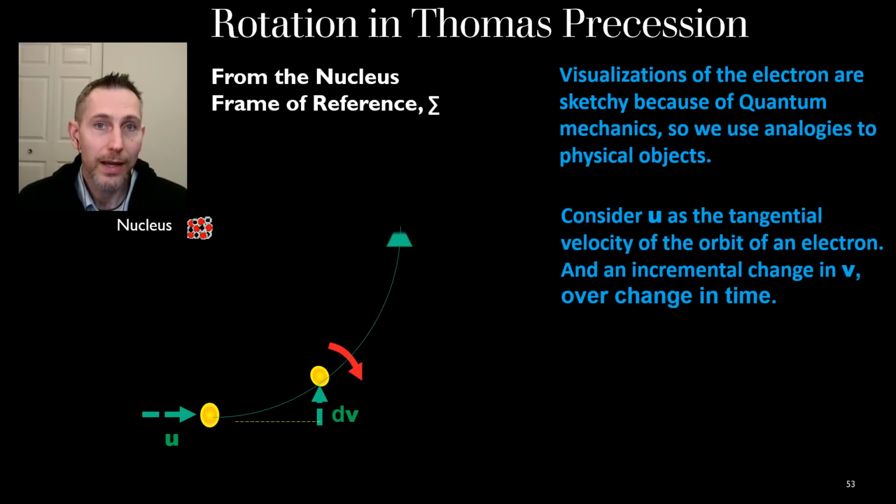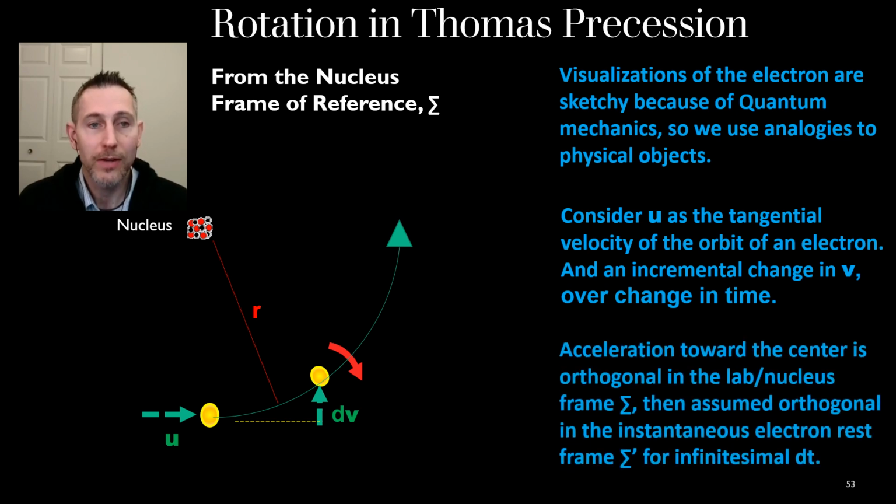Consider U as the tangential velocity of a Bohr-like electron orbit, and instead of V, use an incremental change in V over an incremental change in time. Acceleration toward the center is orthogonal in the lab frame, sigma, then assumed orthogonal in the instantaneous electron rest frame, sigma prime, for infinitesimal changes in time.